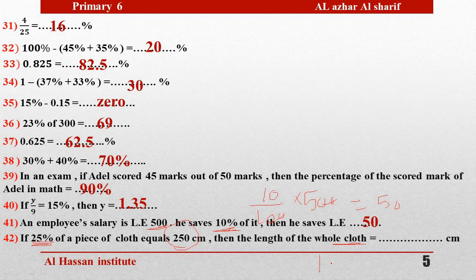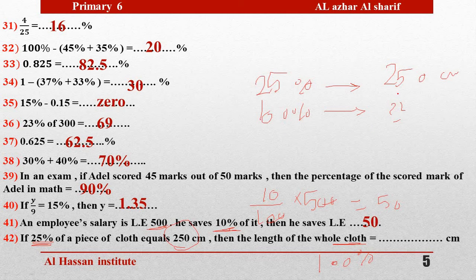Whole cloth means 100%. So to solve the example, 25% gives 250 centimeters. So 100% gives what?